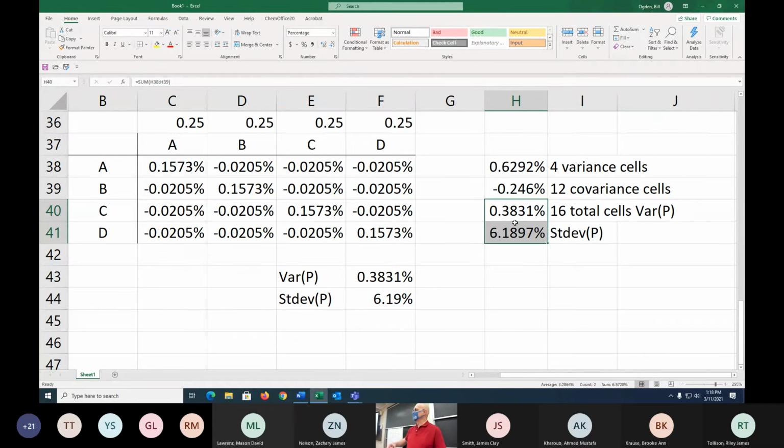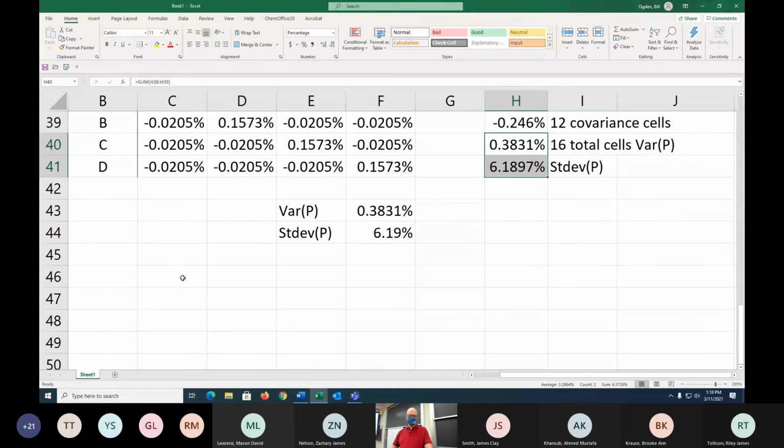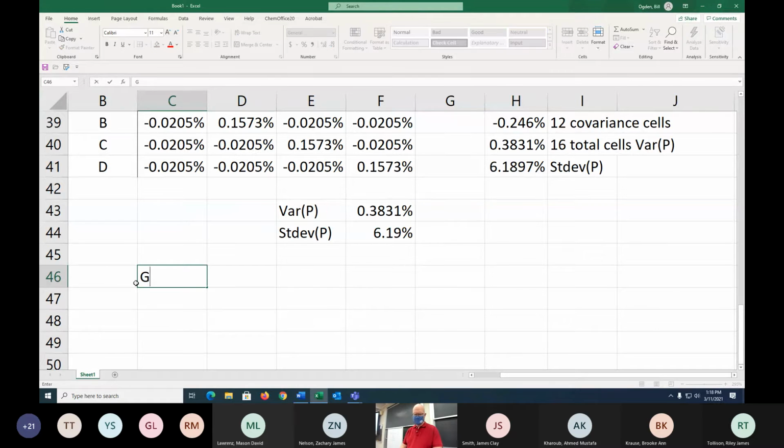Okay, now we're going to go to the general case. N has been 4, hasn't it? What if N were 100? What if N were 50? So let's just start again. Let's go to the general case.